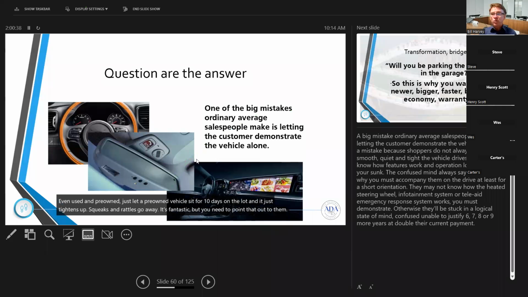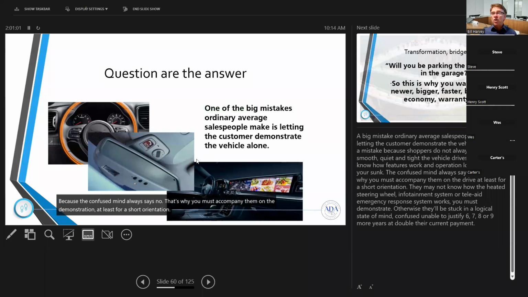If they don't know how a feature works and operations, then if those operations and how to activate them looks confusing, you're sunk dead in the water, because the confused mind always says no. That's why you must accompany them on the demonstration, at least for a short orientation.